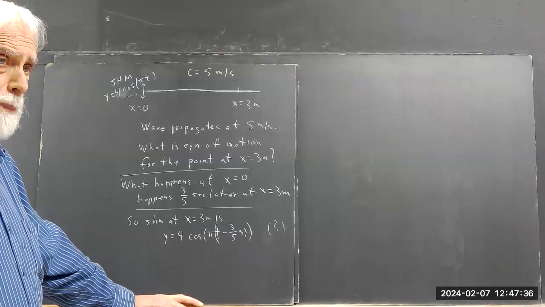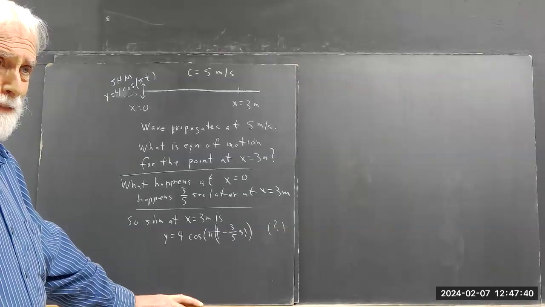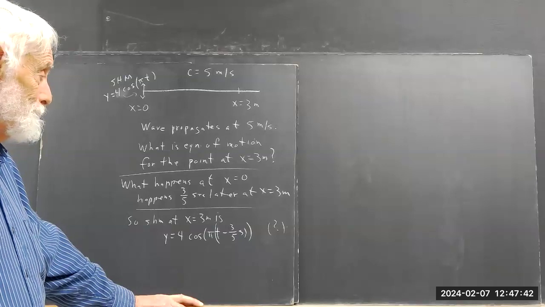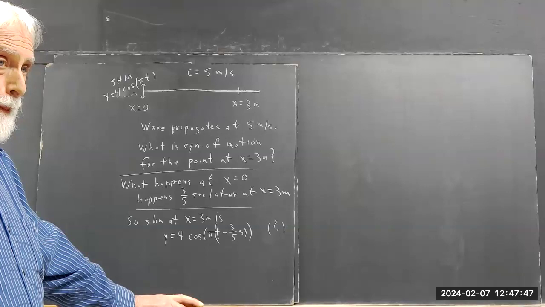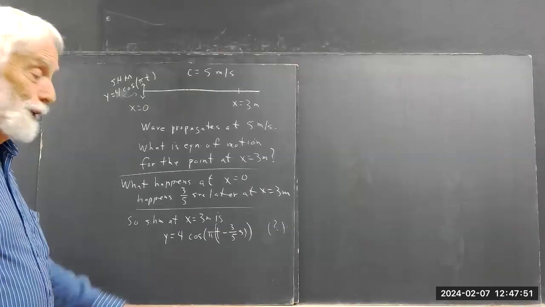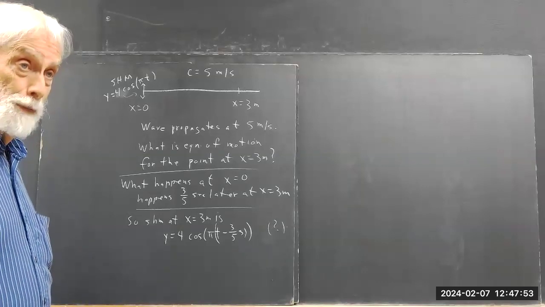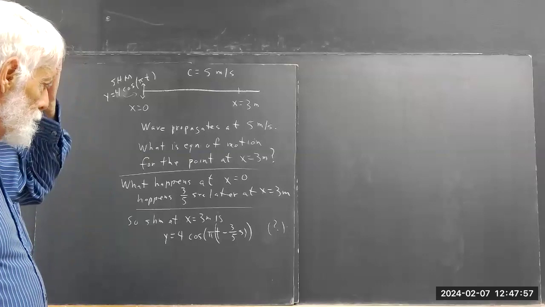Or if it's later, should it be t plus 3/5 of a second? No, I think you're right. Okay, so here we have it. Now we can test this out.